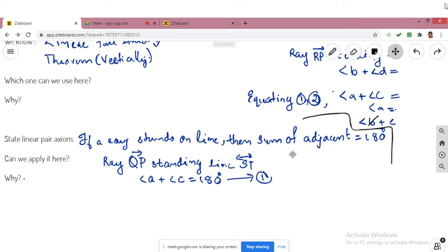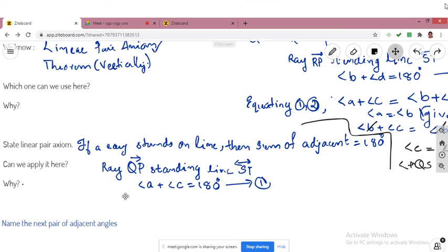If a ray stands on a line, then the sum of adjacent angles is equal to 180 degrees. So applying that we got angle A plus angle C is equal to 180 degrees.